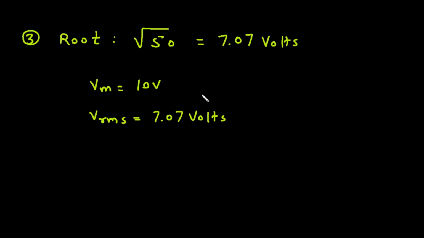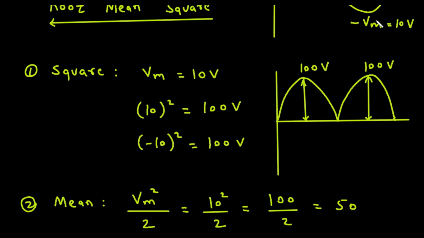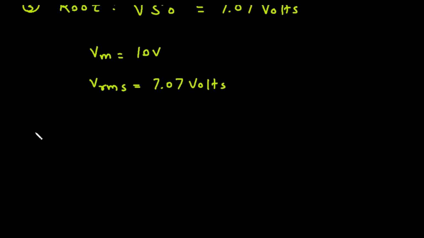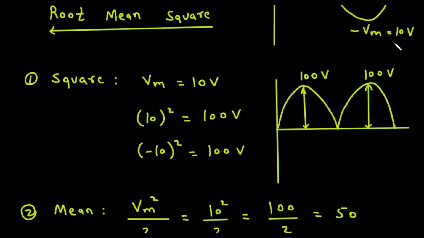Now we will see the relationship between maximum value and RMS value. For that, we will take these steps. In step number 1, first, we have considered Vm. Then in step number 2, we have taken its square.